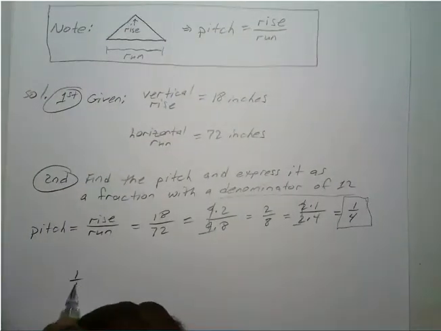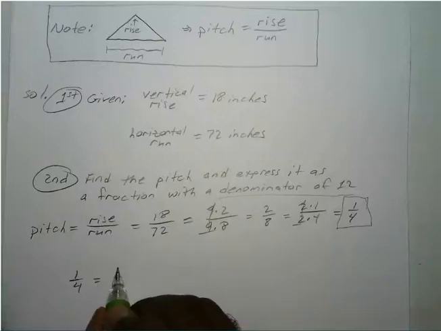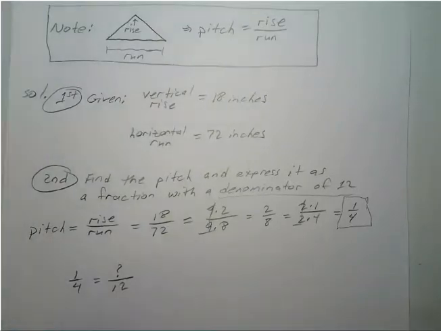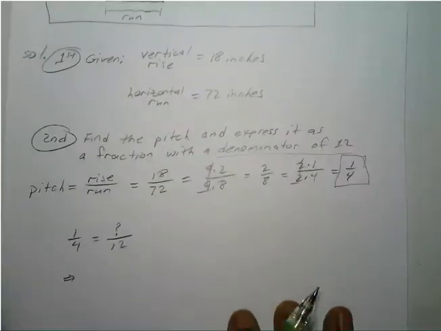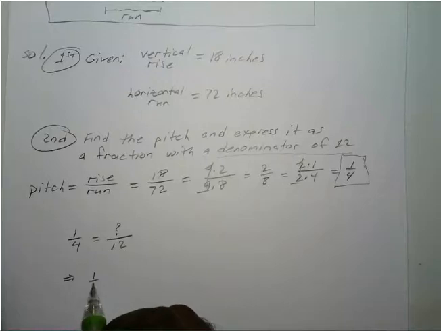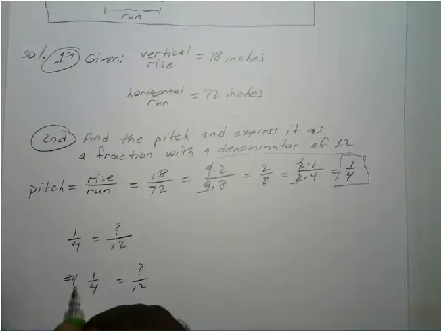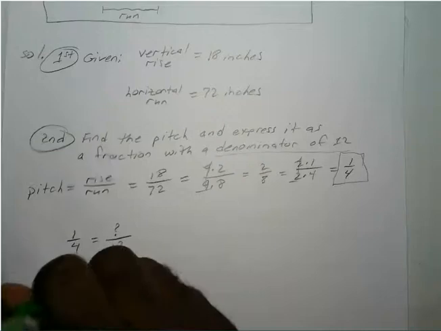Okay, so 1/4 equals what over 12? Okay, so we know that 4 times what will give us 12? Well, 4 times 3. So that means our 1/4 equals something over 12.